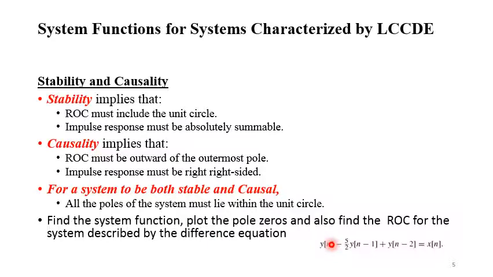I leave it as homework for you, and in the class we'll discuss what you get and what the ROC should be in case the system is stable, in case the system is causal, or in case the system is both stable and causal.